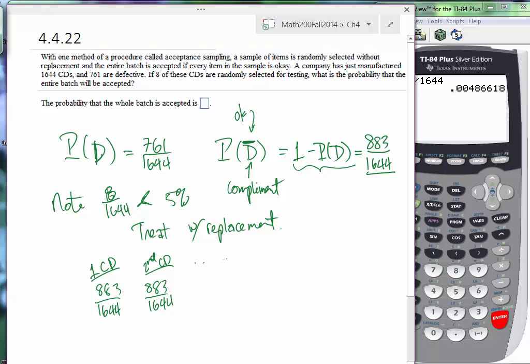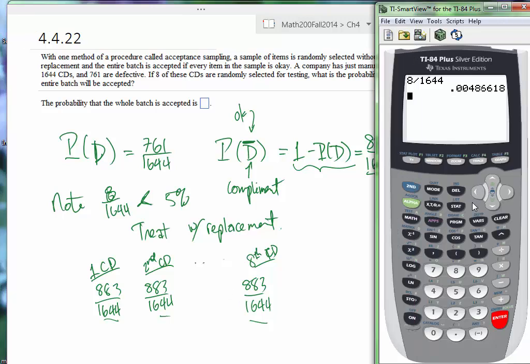And we'll do this 8 times, and what we have here is essentially the multiplication rule applied to our problem 8 times.